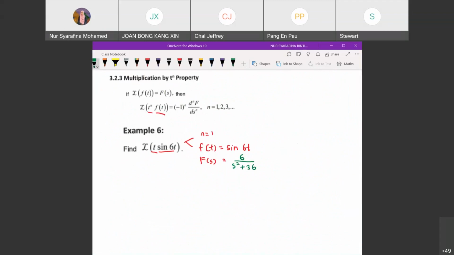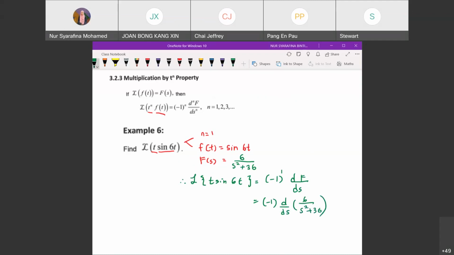So in order to transform this, transforming t sine 6t will give you (-1) to the power of n. n is 1, so differentiate once F with respect to s. No need to write 1 here. Then you just have -1 times the derivative of 6 over s squared plus 36 with respect to s.